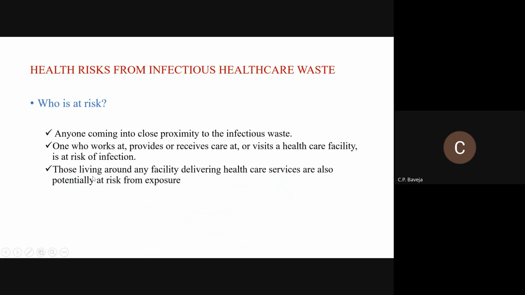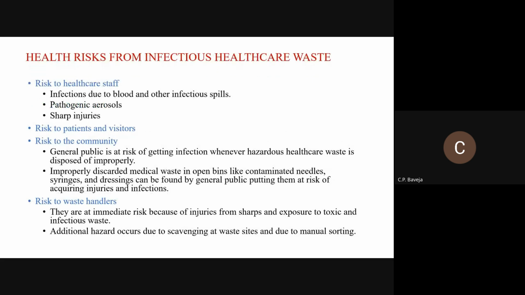Those living around any facility delivering healthcare services are also potentially at risk from the exposure. Anyone who comes in contact with the infectious waste is at risk.